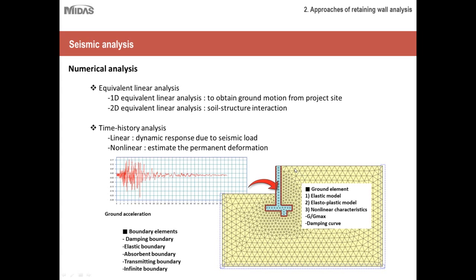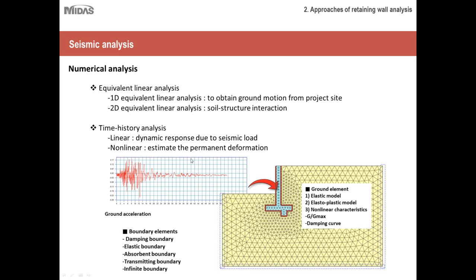And when you do that, then you can see after the earthquake is over, what is the permanent settlement or permanent deformation in the soil strata, and what was the response of the structure to that earthquake.